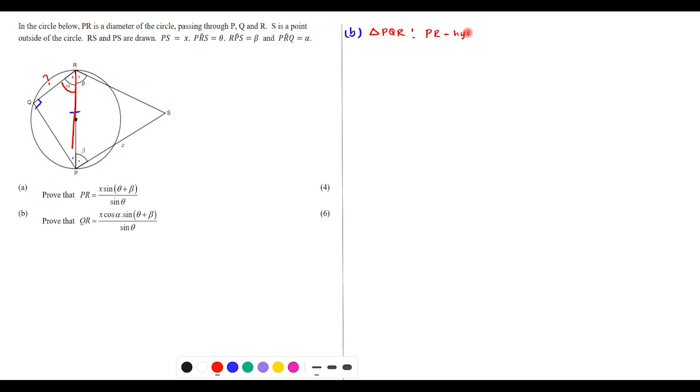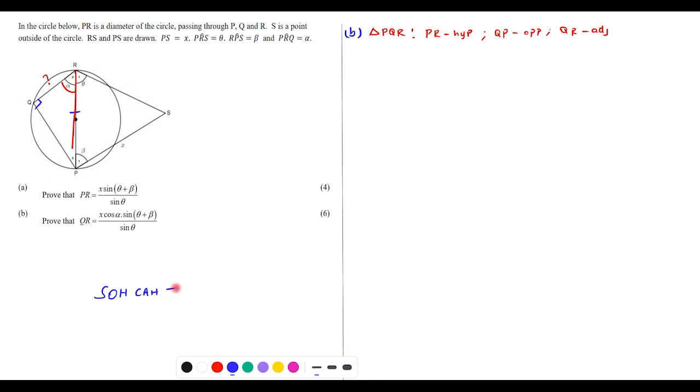QP becomes my opposite, and of course QR is going to be my adjacent. Because I'm using a right angle triangle, the only way I could solve this is by SOHCAHTOA.